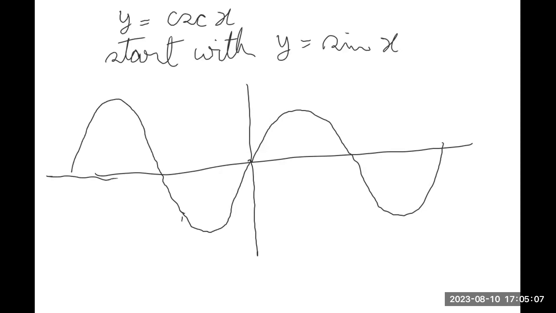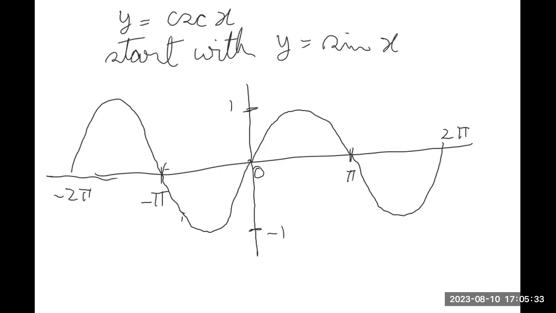And this is a period of 2 pi. And then that's pi, that's 0, -pi, and -2 pi. The amplitude of the sine function is 1, so that's 1, that's -1.